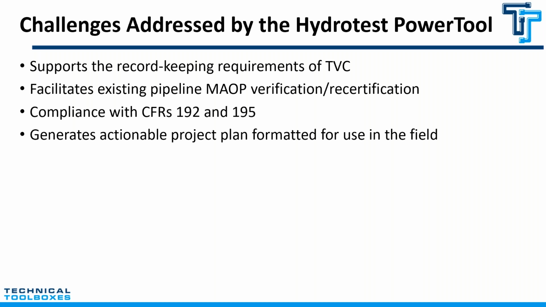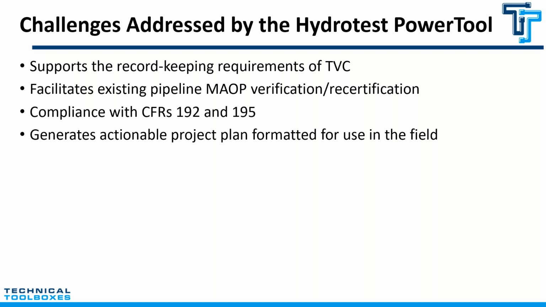The question we asked was, what could we do to help, and how can we have a standardized process to help our engineers work effectively and make sure that this planning can be done with little to no external reference required? That's where we thought of bringing in a workflow that's user intuitive and provides a user experience on par that would help you manage and plan your hydrotesting process effectively.